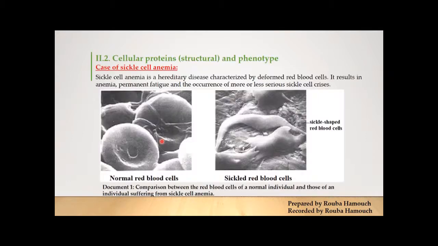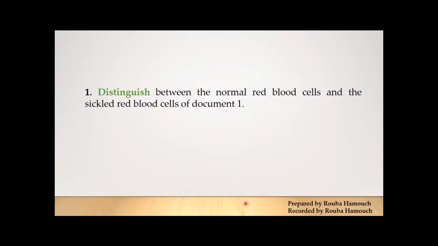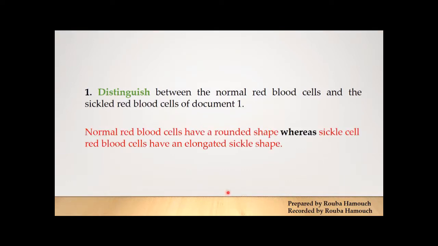So returning to document 1, take a few minutes to compare by yourself these two red blood cells. And thus, with the verb distinguish: normal red blood cells have a rounded shape, whereas, don't forget to use the transitional words or connectors, sickle cell red blood cells have an elongated sickle shape.